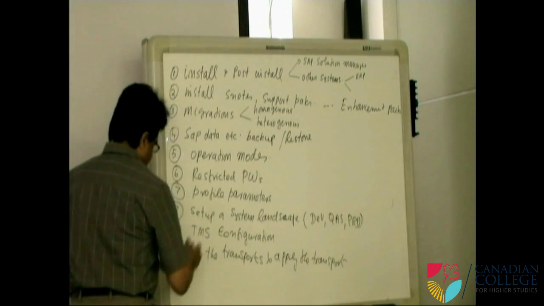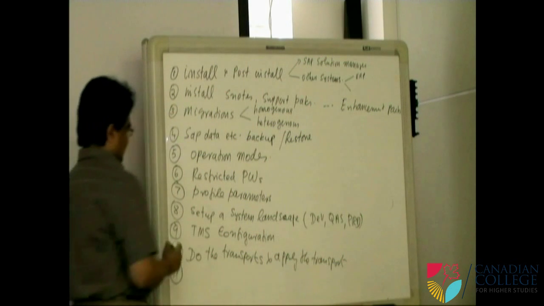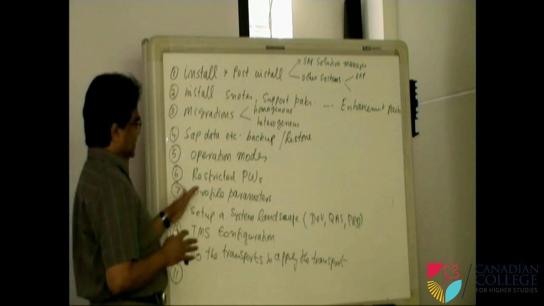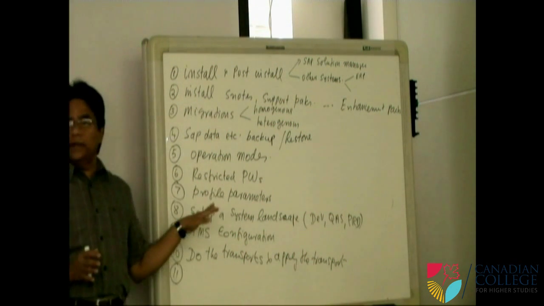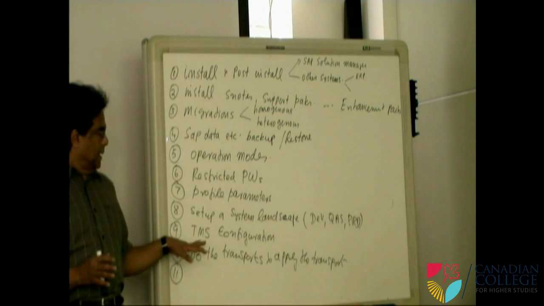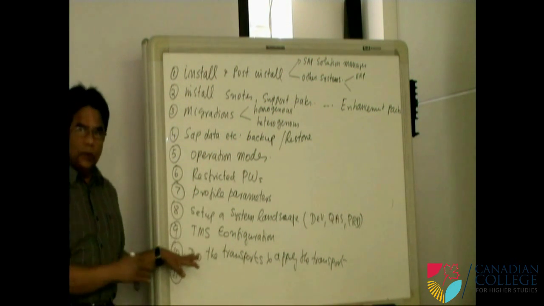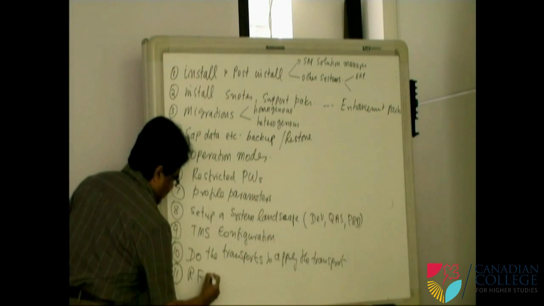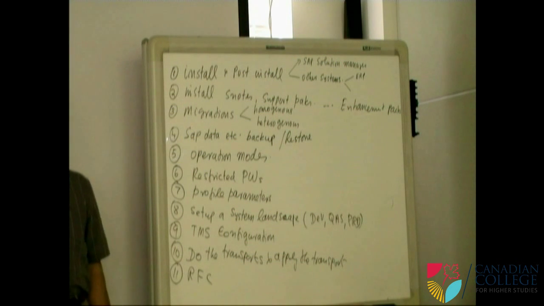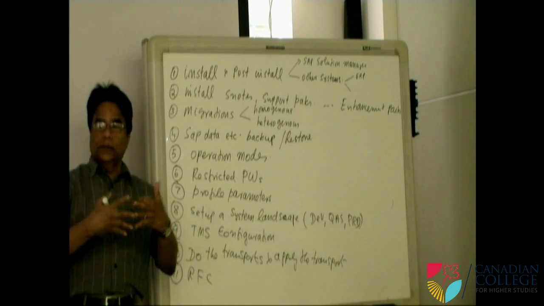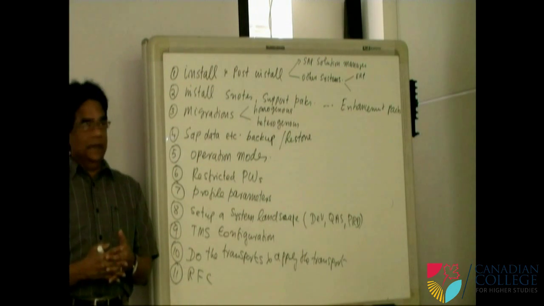Then 11, what else? Apart from all these setups and many other configurations, maybe I will do a little more configuration. Setting up RFC, remote function call, that means connecting the SAP systems in the system landscape to each other, right?